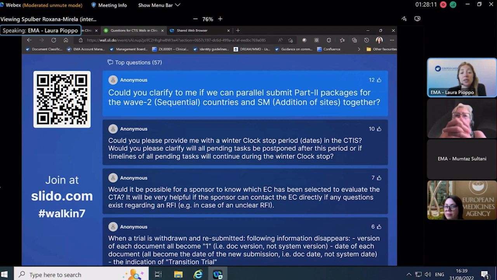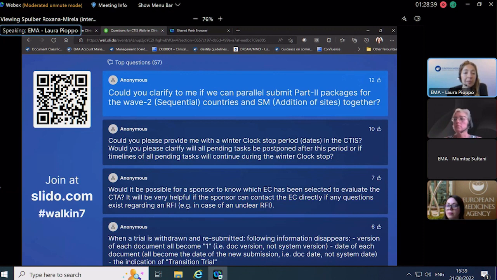I think the user here refers to addition of new member states concerned. So when you say sequential countries, I assume you would refer to an Article 14 that allows you to submit new member states concerned in parallel to some other SM with Part 2 in scope to add new sites. This is how I read the question, and the answer is yes.